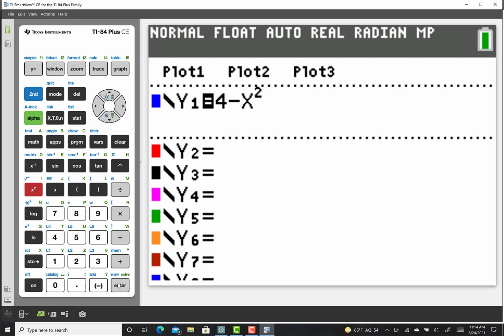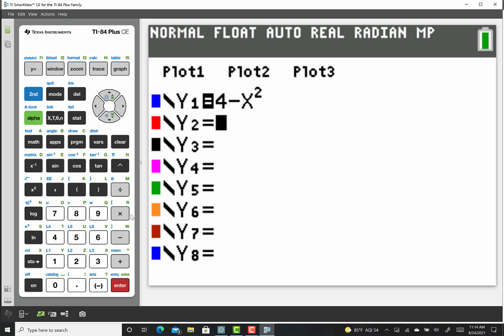And then what did I say was my tangent? Negative 2x plus 5. And then what did I say was my normal? 1/2 x plus what? 5 over 2.